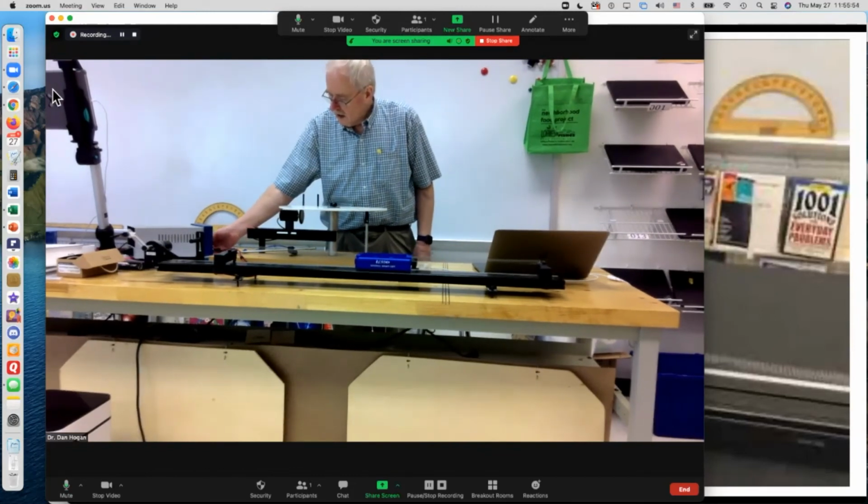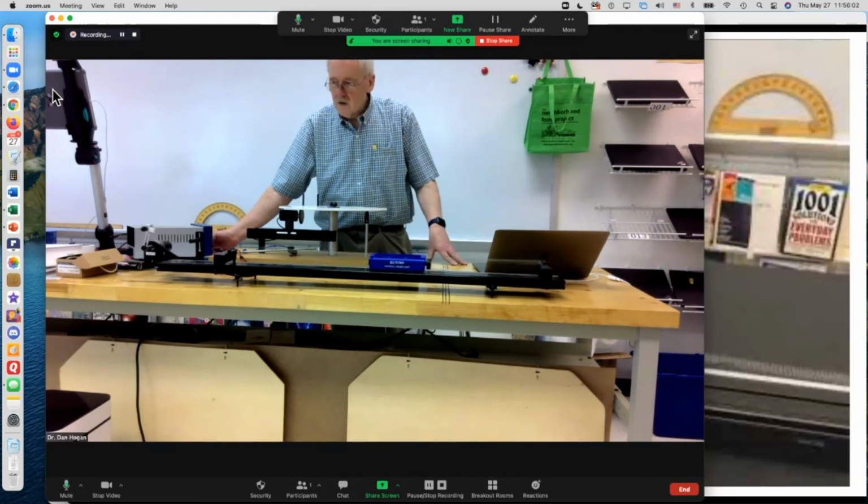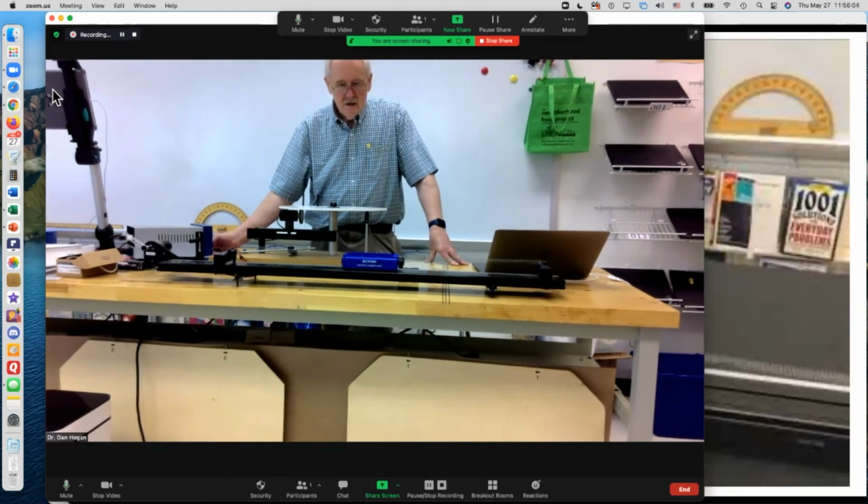Now I can go up with that voltage. Notice now that it's changing its motion a little bit more rapidly.